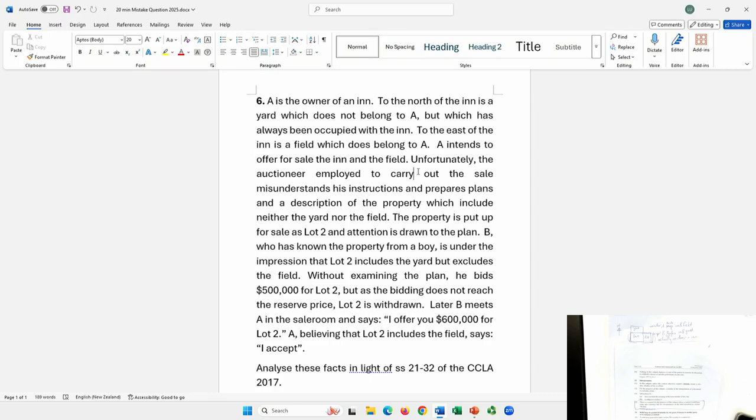So, what's the mistake? Who's made a mistake here? And what, if any, of the qualifying circumstances in 24(1)(a) apply here? How would you go about analysing this?